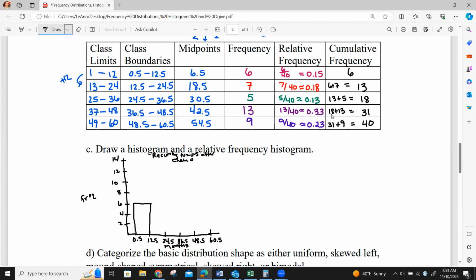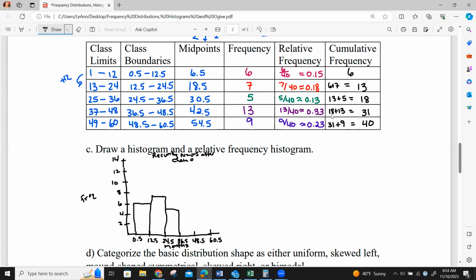Okay. And again, if you're drawing this on paper, you can use a ruler, make things look nice and straight. Then we had 7, so that's about halfway between 6 and 8 for the next group. So from 12.5 to 24.5. And then we had 5 items from 24.5 to 36.5. So that's going to be halfway between 4 and 6.